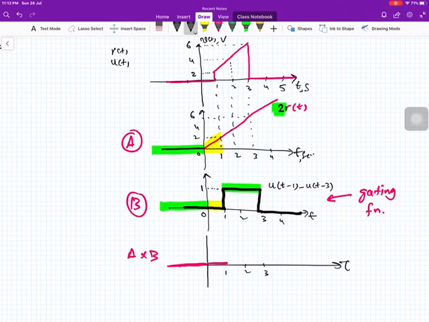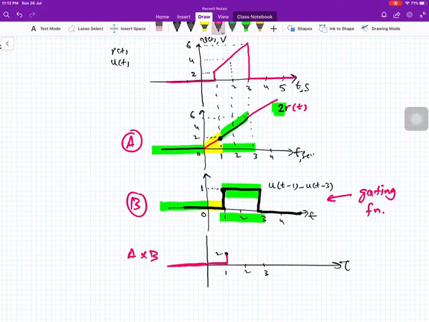Then what is A from t equal to 1 to 3? This is this part of the ramp signal. And what is B? From 1 to 3 seconds, this is 1. So multiplying these two, the value over here is 2, and this is 1, so we have 2 over here.